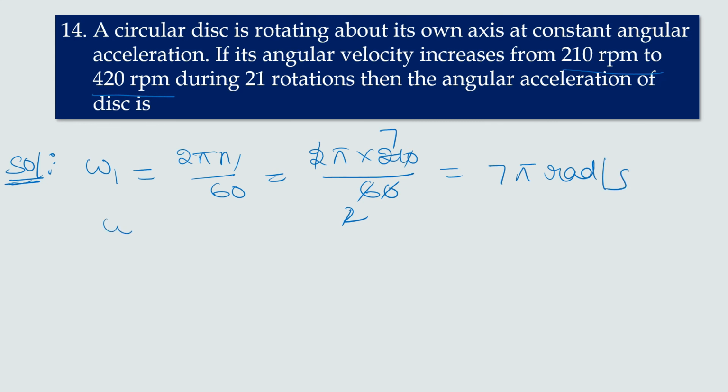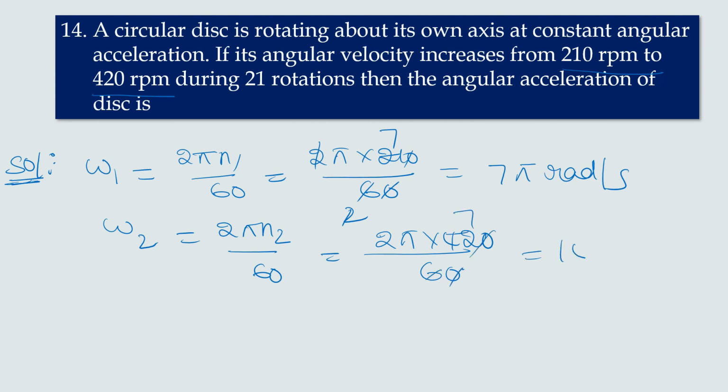Now omega 2 is equal to 2 pi n2 by 60, that is 2 pi into 420 rotations per minute by 60. Zeros cancel, 6 1s are 6, 7 2s are 14 pi radians per second. Now number of rotations is given as n equal to 21. We have to calculate angular acceleration.